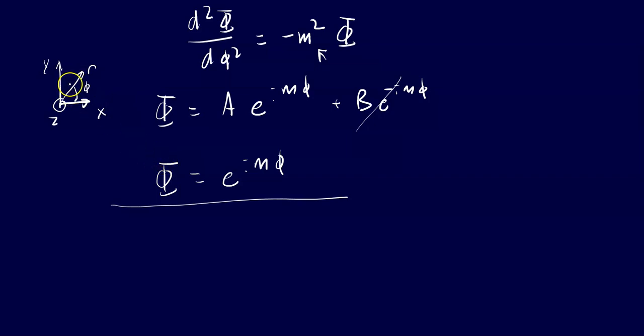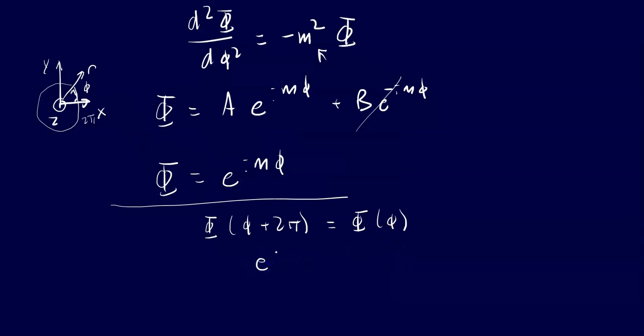And so you can imagine if I rotate all the way around by an angle of 2 pi, I should be right back where I started from. And so we hope that this function would be such that if I take this phi function at phi plus 2 pi, it should equal what it was at that phi.